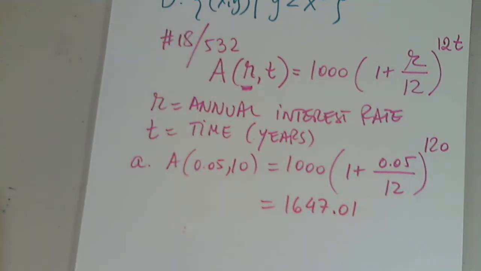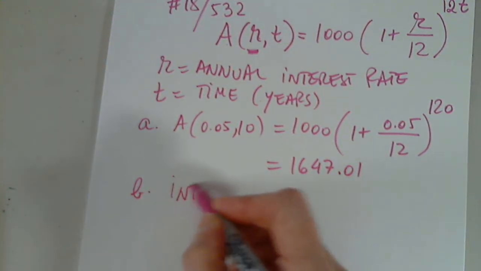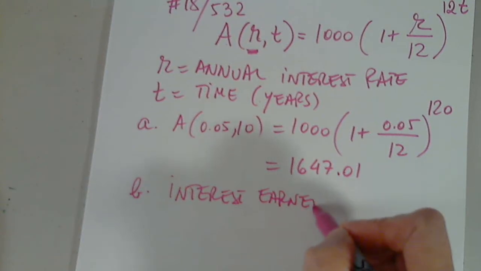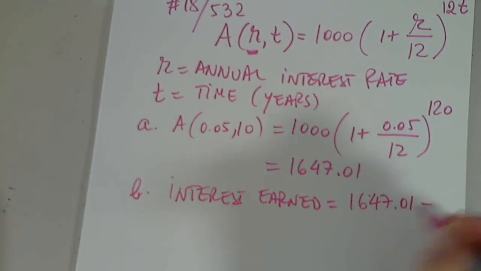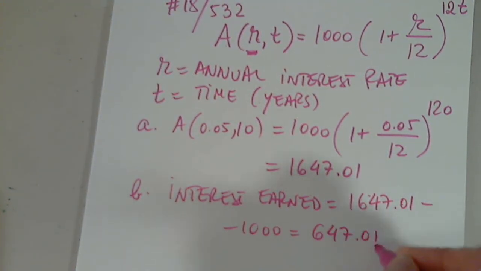In part B, we're asked to determine what is the interest earned. So the interest earned is 1,647.01 minus $1,000 that we put in. So it's 647.01.